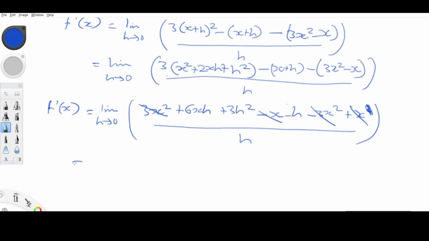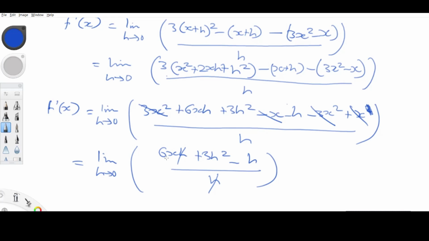So we can rewrite this as the limit as h tends to 0 of, now we have 6xh plus 3h squared minus h. So basically that's it. All of this divided by h, and we can further clean this up, dividing each of the terms in the numerator by the denominator.